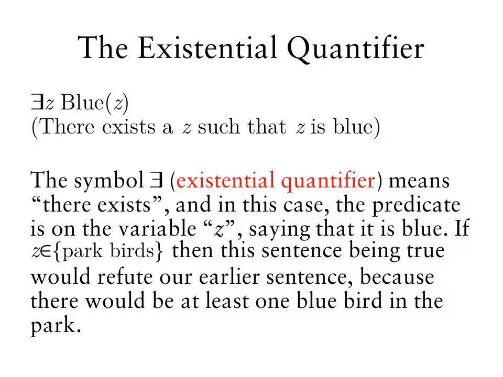So this sentence can be read as, there exists a Z such that Z is blue. This sentence is talking about at least one object. It's not necessarily talking about exactly one object. There could be two Z's which are blue, and then there would still exist a Z such that Z is blue. So this is saying at least one of the things in the relevant set has the relevant properties specified by the following sentence. The following predicates are true of at least one of the objects in the relevant set.